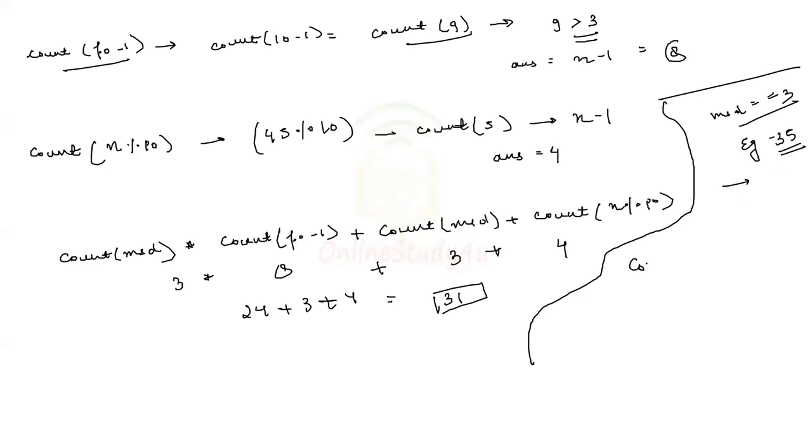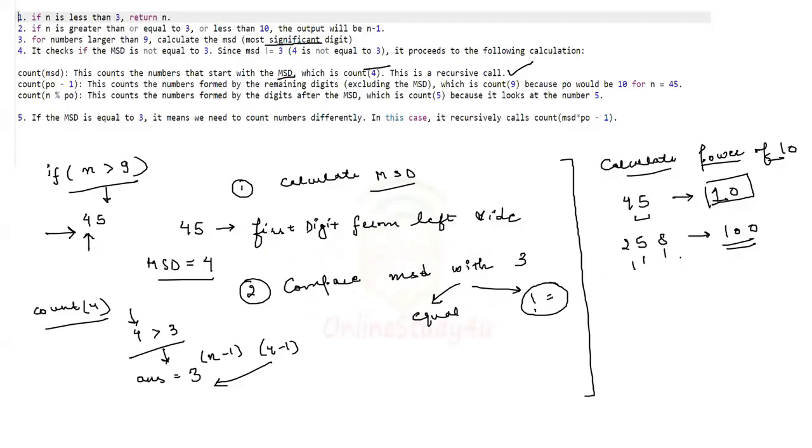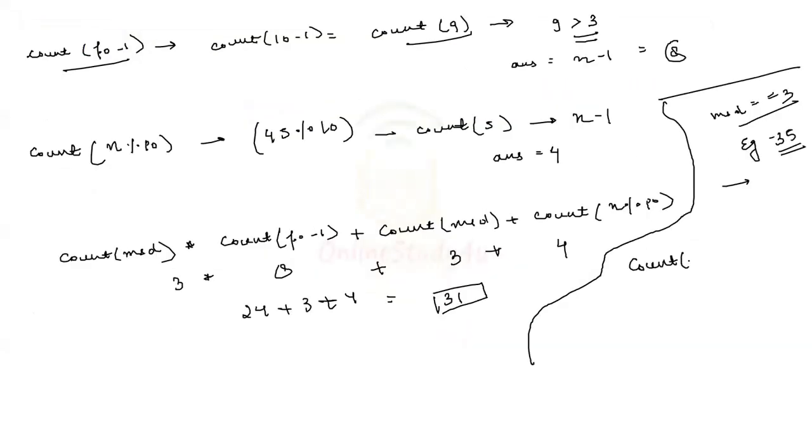For that, you will use the formula count of MSD into power of 10 minus 1, which will be count of 3 into 10, 30 minus 1, which will be count of 29.